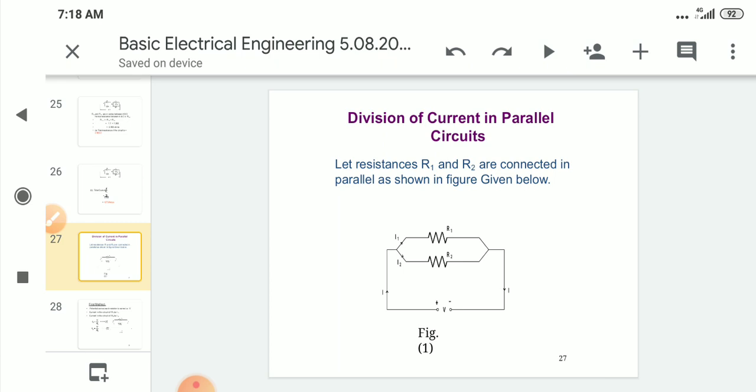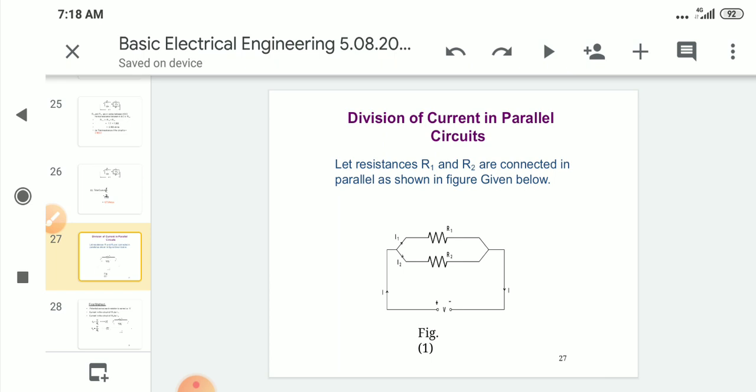In parallel circuits, the voltage is the same. The total current is divided into the branches of R1 and R2 resistances. So, we take them as I1 and I2.